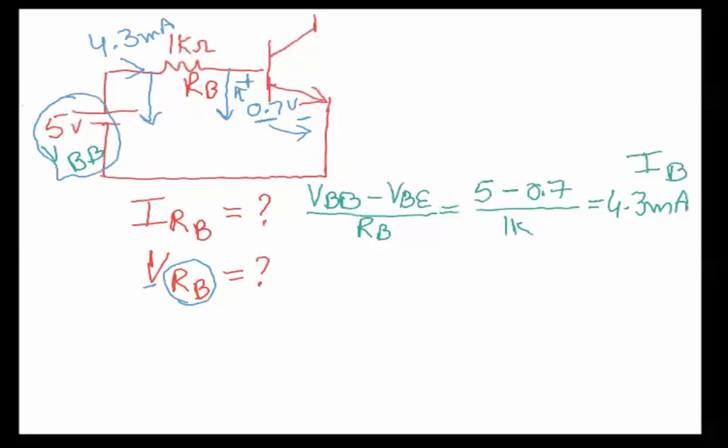In fact, the numerator of this formula is the VRB, which is 5 minus 0.7, which is 4.3 volts. So 4.3 volts will be on this resistor and 0.7 will be on the base to emitter. When you add them together, that should equal the 5 volts.